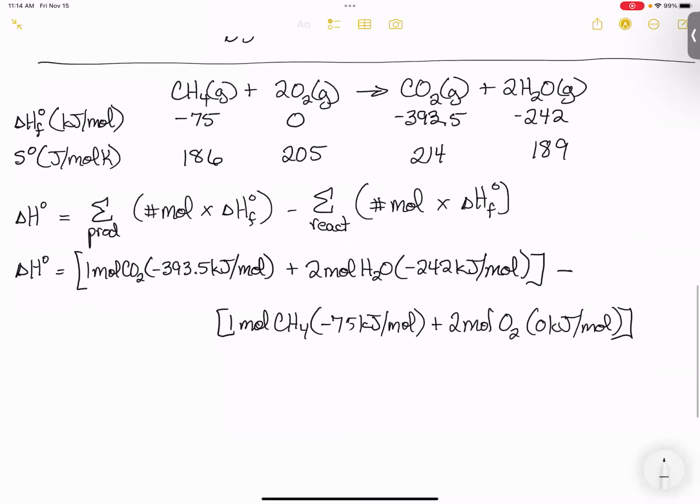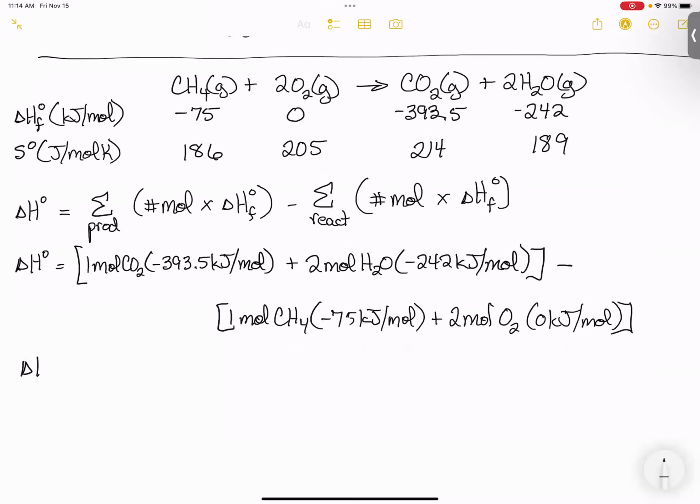When you key this into the calculator, you get a delta H naught of a negative 802.5 kilojoules.